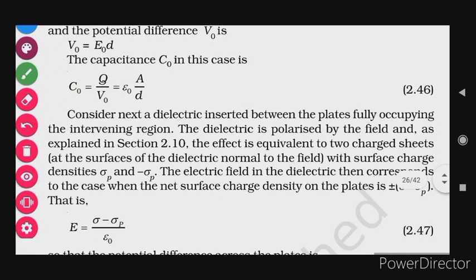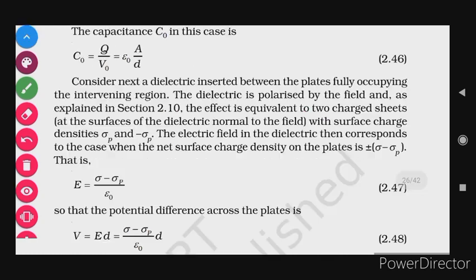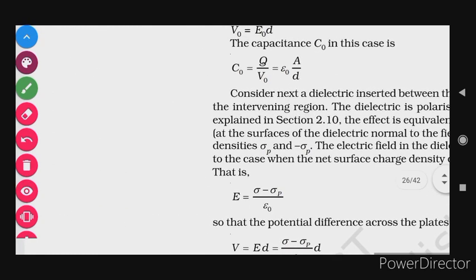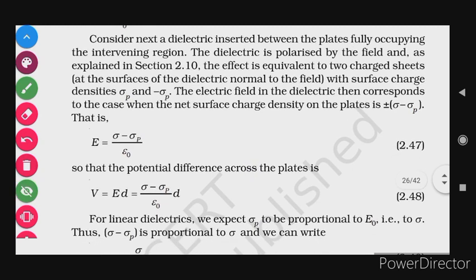The dielectric is polarized by the field, and as explained in section 2.10, the effect is equivalent to two charge sheets at the surface of the dielectric, normal to the field, with surface charge density sigma p and minus sigma p. The electric field in the dielectric then corresponds to the case when the net surface charge density on the plate is plus minus (sigma minus sigma p), that is, E is equal to (sigma minus sigma p) upon epsilon naught.